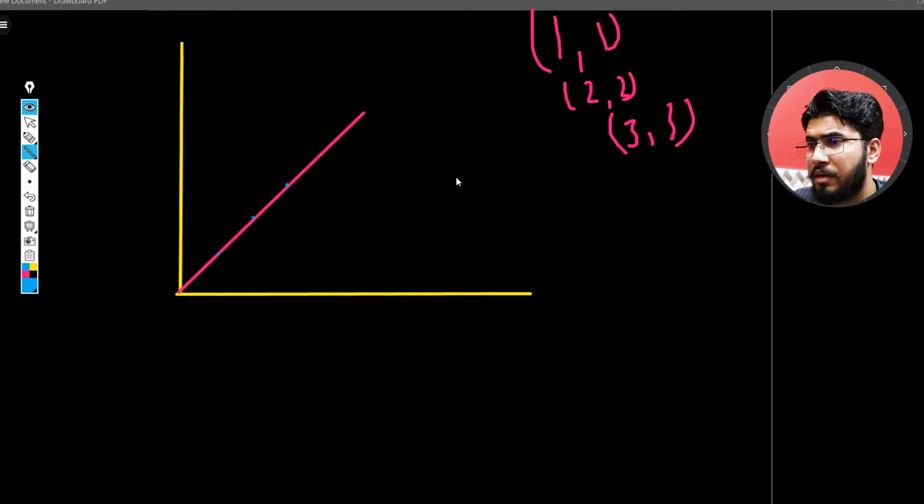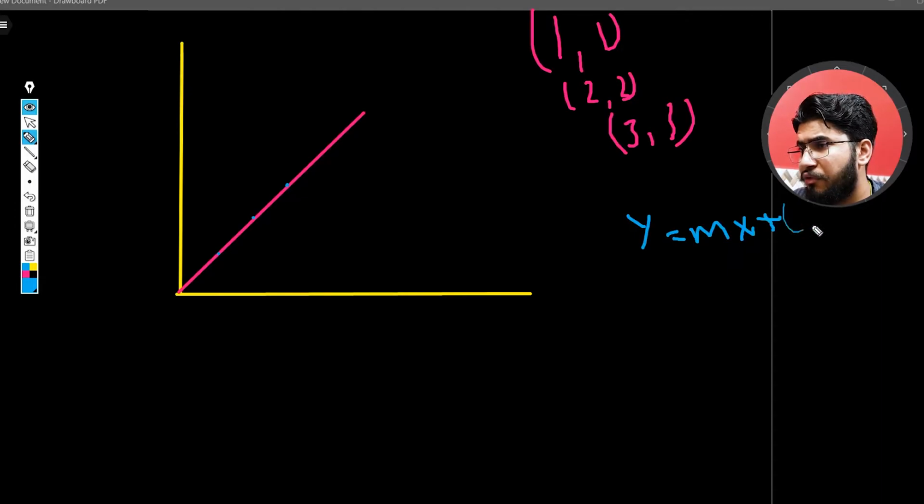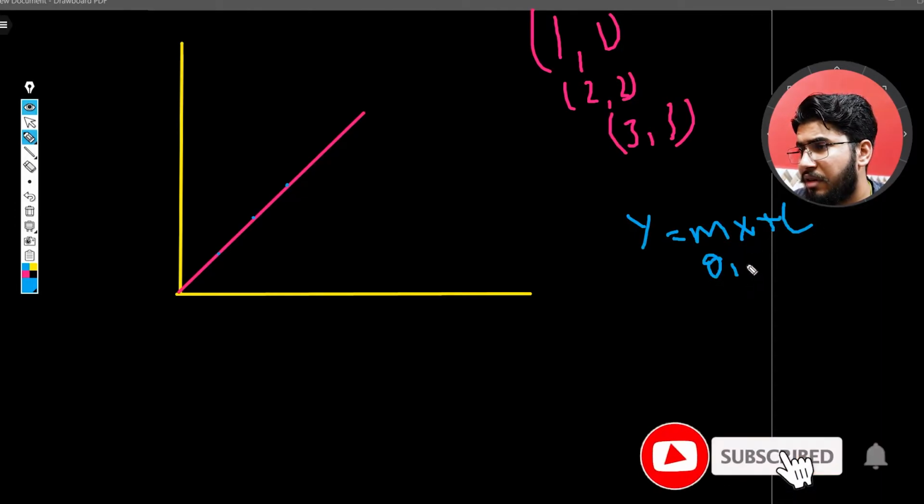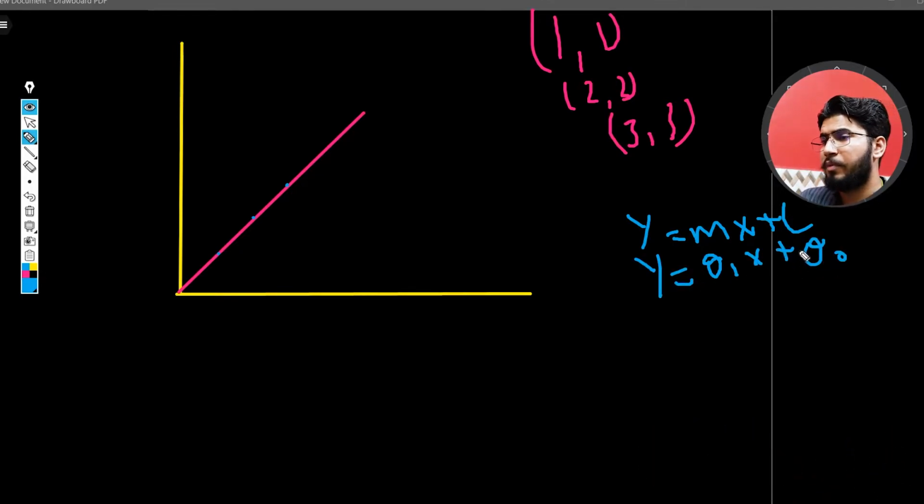This is what we have right now. So these are the points. Now as I told you earlier, we have our line equation as y is equal to mx plus c, which we will consider as theta 1 x plus theta 0. Now let's suppose we are ignoring theta 0 right now, so we will have just y equal to theta 1 x.